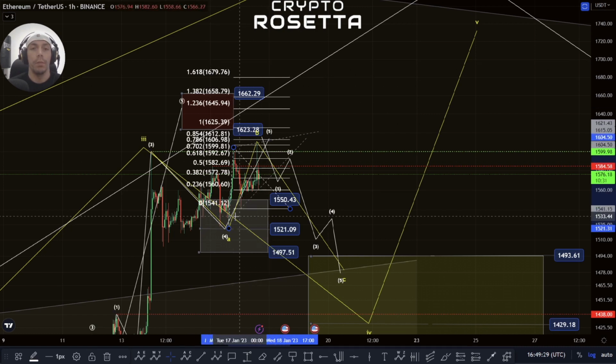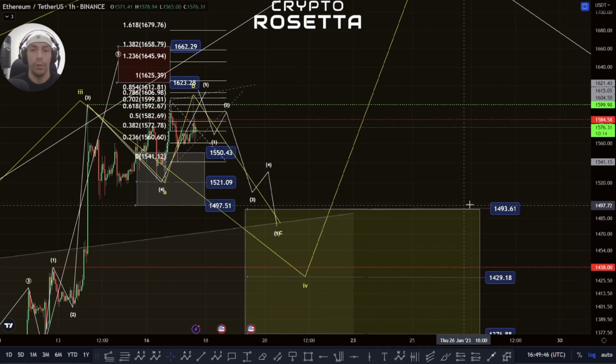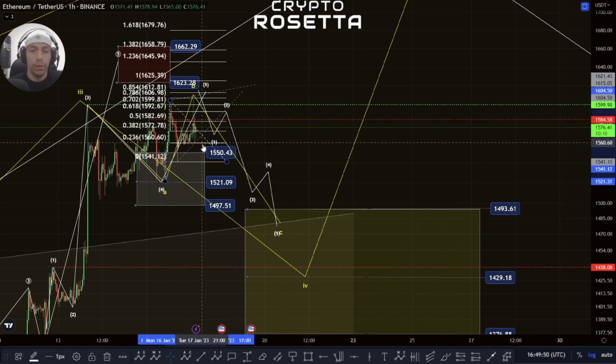That would make me then look at a potentially bigger structure here, though this current structure we have isn't great for allowing that, and it would be solely based on holding this lower range here at this 1521. If we lose that 1521, then I'd be looking for this channel line and potentially the top end of this yellow box as a support zone.